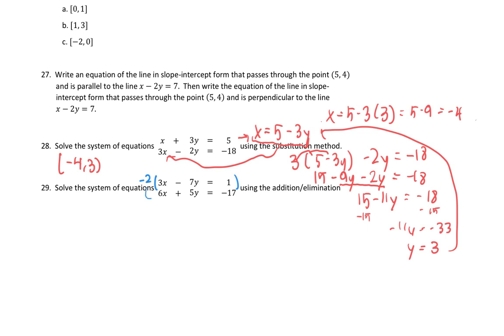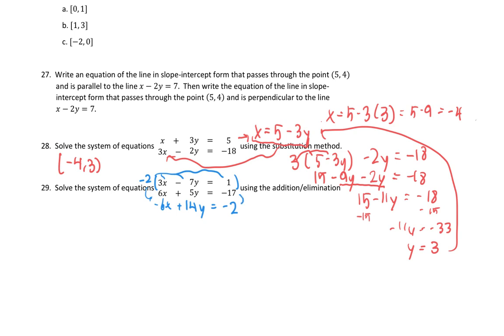And I'm going to rewrite it down here so we can add it up easily. So -2 times 3x is going to be -6x. -2 times -7y is going to be plus 14y. And then -2 times 1 is just -2.